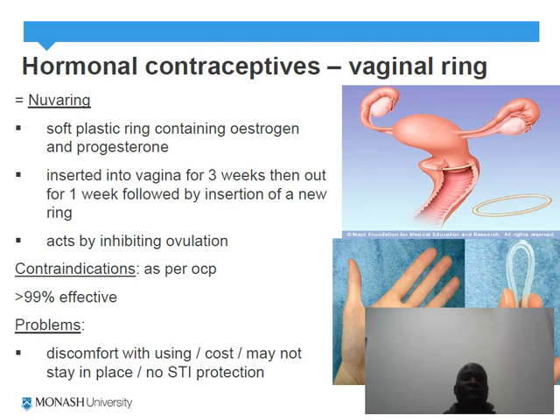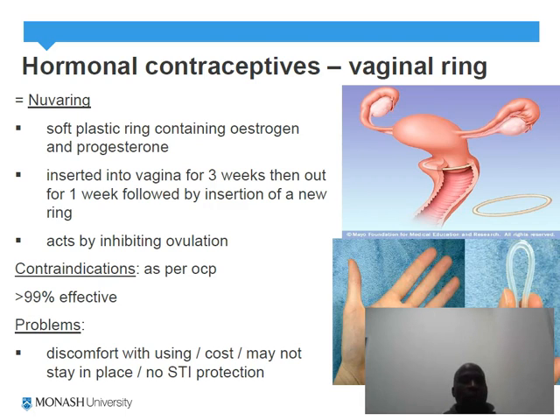This is basically a soft plastic ring which contains estrogen and progesterone. What you do is take this ring and insert it into the vagina for 3 weeks, then take it out for 1 week, followed by insertion of a new ring for another 3 weeks. Okay. How does it act? It acts by inhibiting ovulation.